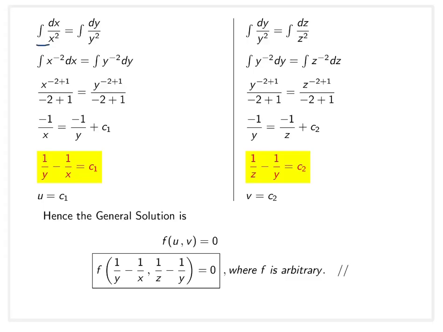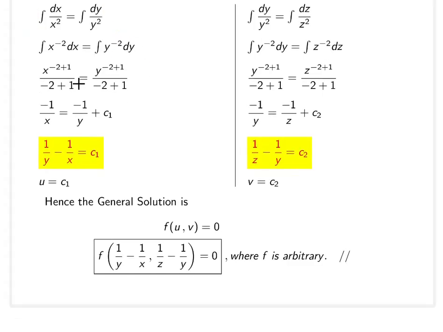I bring x square to the numerator, so we get x power minus 2. Similarly, I bring y square to the numerator, and we get y power minus 2. Now we can use the formula: integral of x power minus 2 into dx is equal to x power minus 2 plus 1 divided by minus 2 plus 1. Similarly, integrating the right hand side, and simplifying, we get 1 by y minus 1 by x is equal to c1, which is our first solution u.